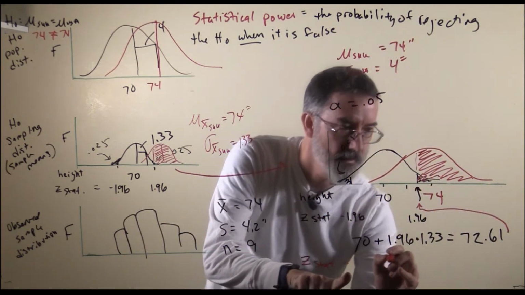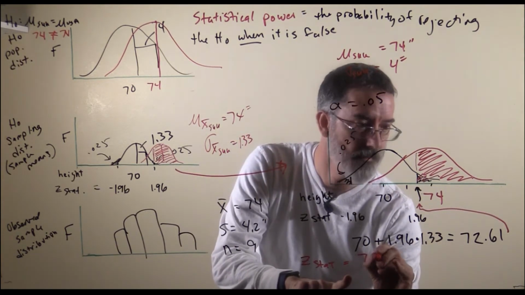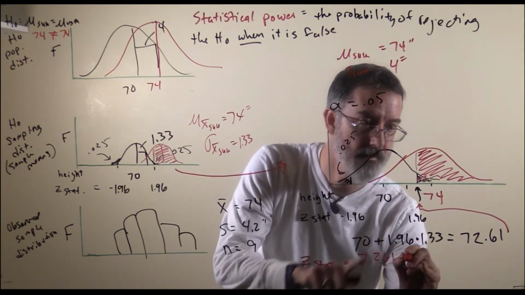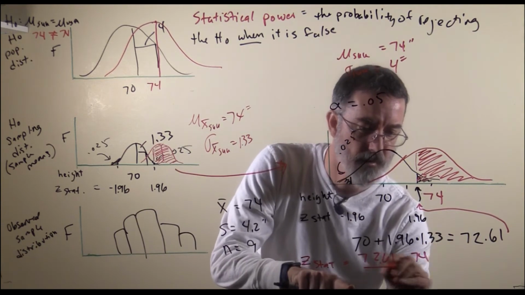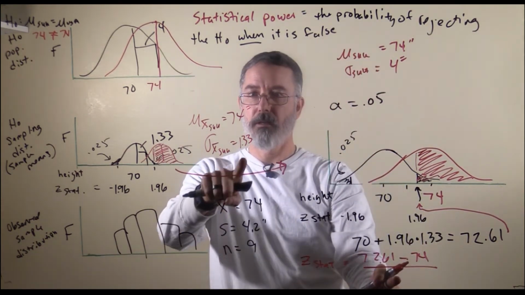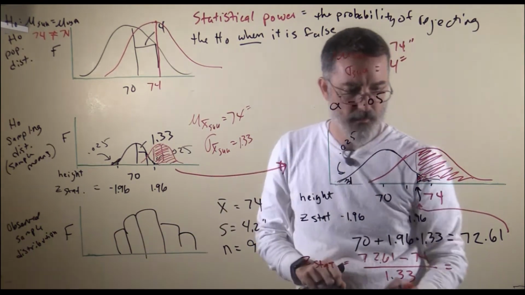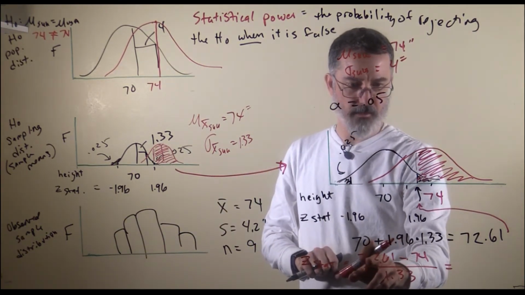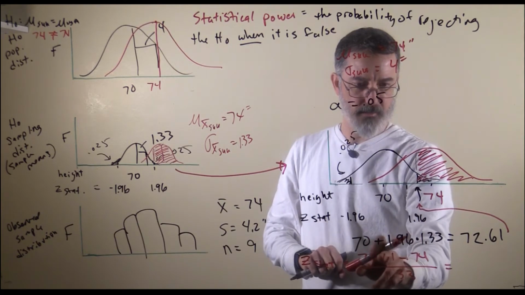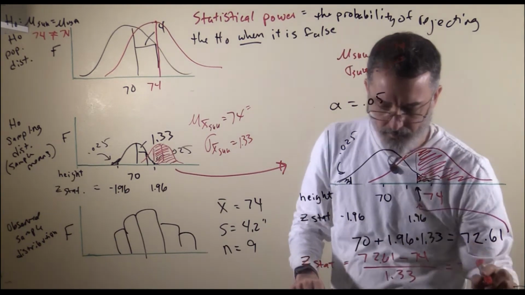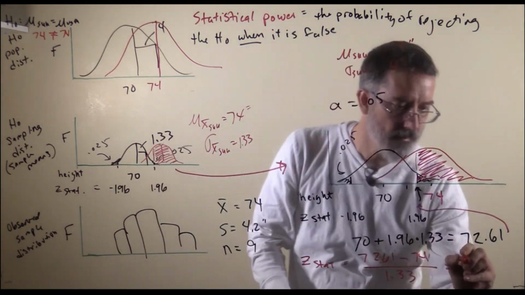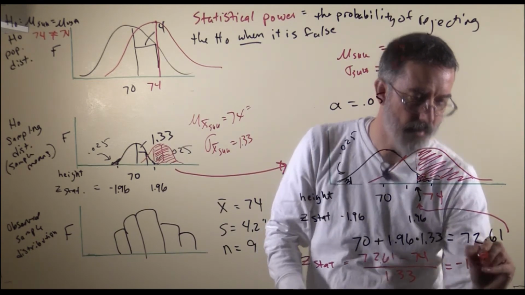All right, so the Z statistic is the score, 72.61, minus the mean, 74, divided by the standard deviation, 1.33. Okay, so we're subtracting a larger mean, so it's going to be a negative value. And when I did my math earlier, I got negative 1.05.